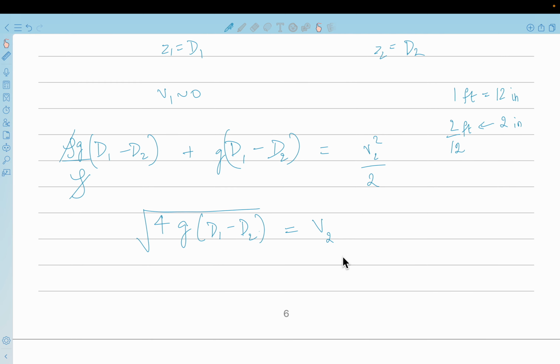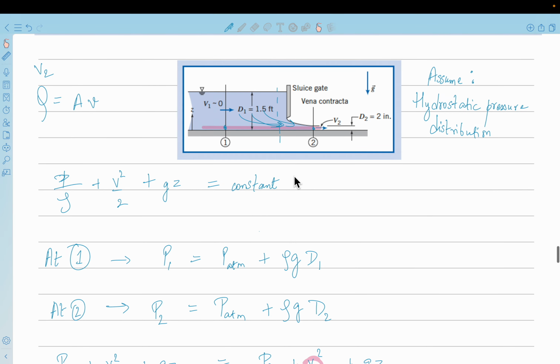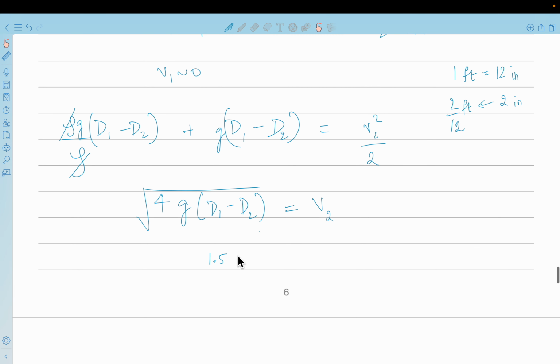So d1 is 1.5 feet, so 1.5 minus 2 by 12, that's in feet, and gravity in the units of feet per second square. So gravity is 32.2. 4 and under root. This is V2. So can you tell me what is V2?